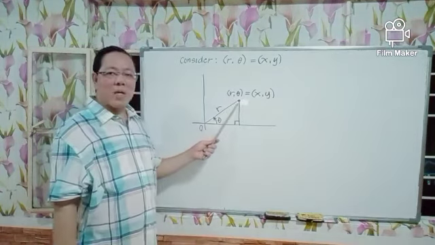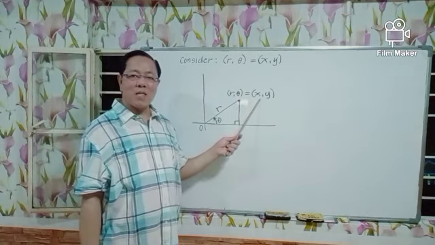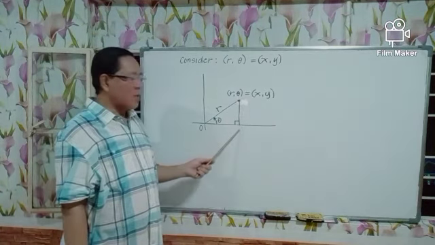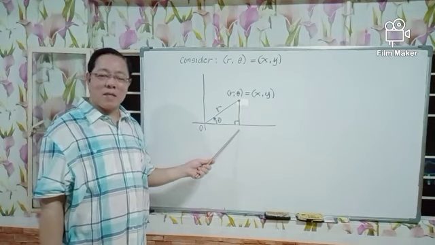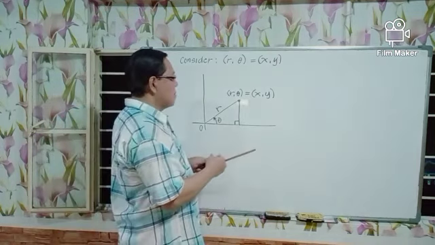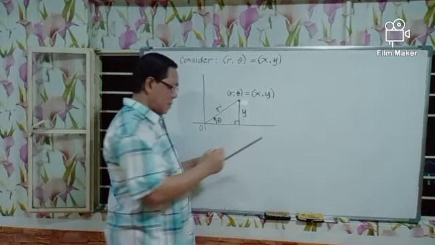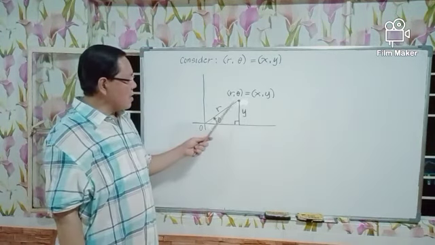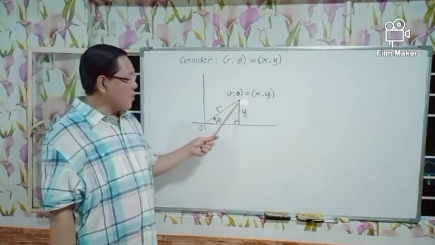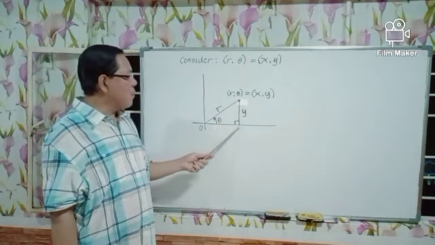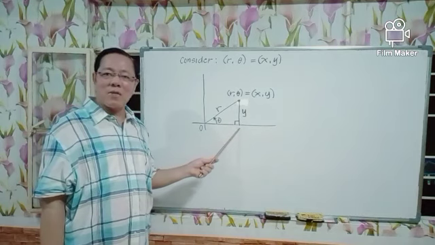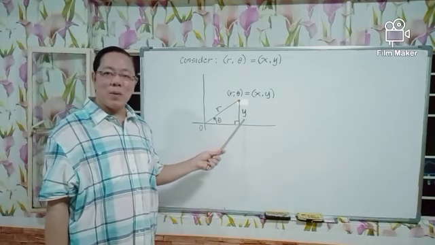And if this point has Cartesian coordinates x, y, the distance of this point from the horizontal axis or the x-axis is y units.